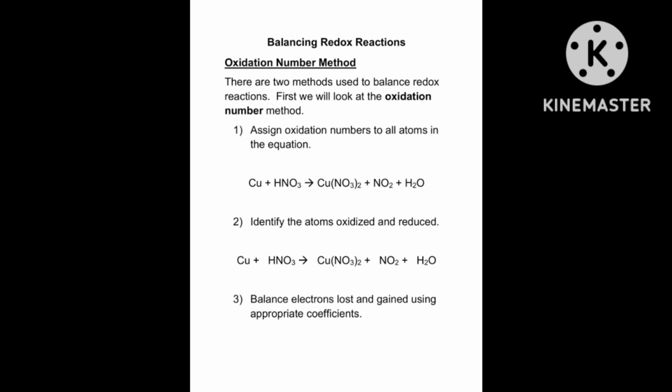Now if BrO3 1 minus was there, then 13 minus 1, 12, it is not balancing.